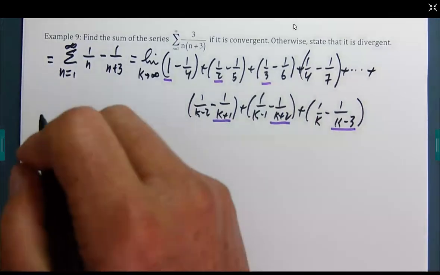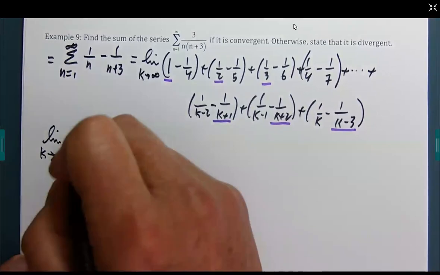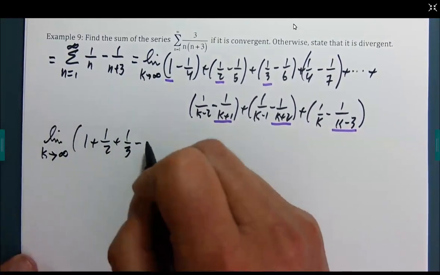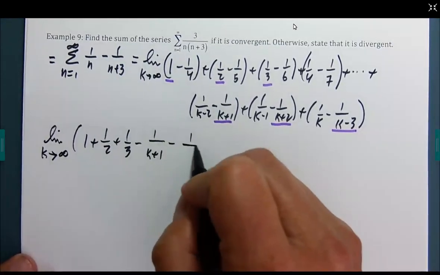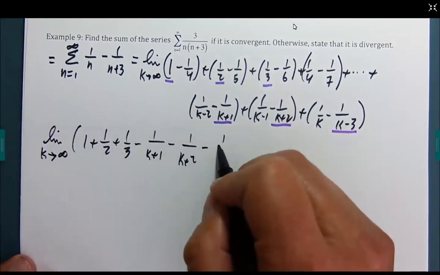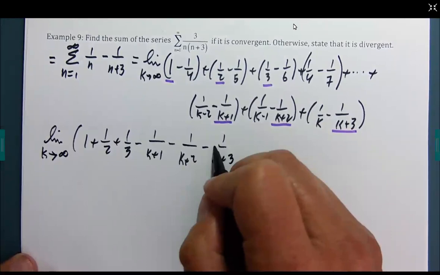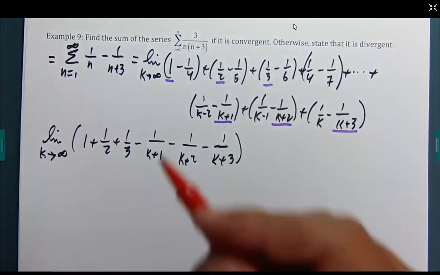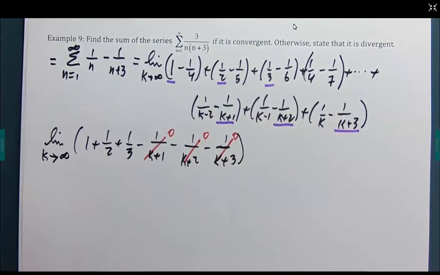So let's do this limit of 1 plus 1/2 plus 1/3 minus 1 over k plus 1, minus 1 over k plus 2, minus 1 over k plus 3. And once again, let's all go to 0.